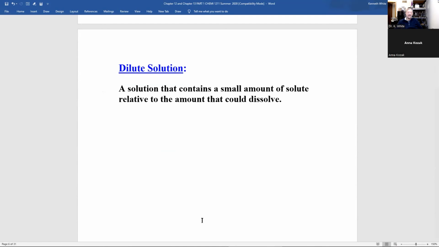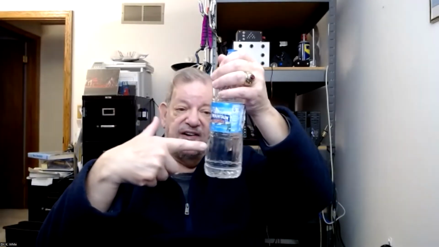And what do we mean by that? In my water, let's assume I have 100 grams, and let's assume the solubility of sugar is 250 grams. If I only put 1 or 2 grams instead of all 250 that could fit in here, that would be a dilute solution.